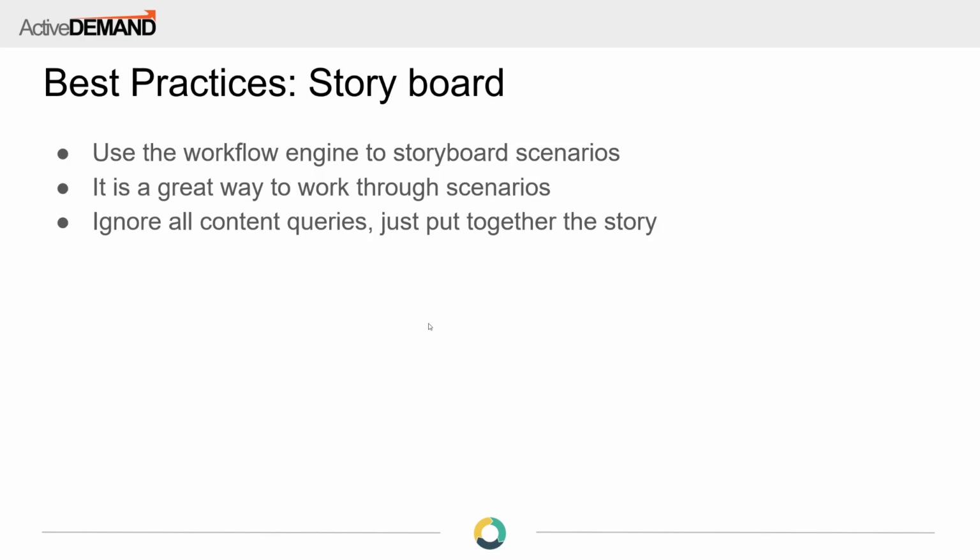Another best practice related to this is make sure you name every single element in the workflow. Every step needs to have a unique name. Why? One, it makes your workflows much more readable.